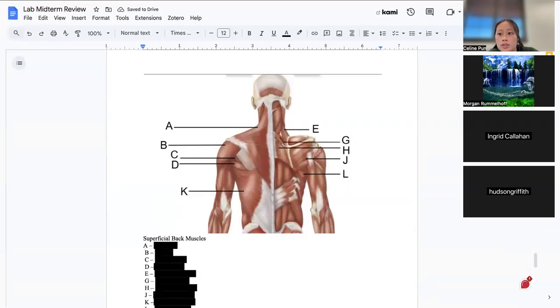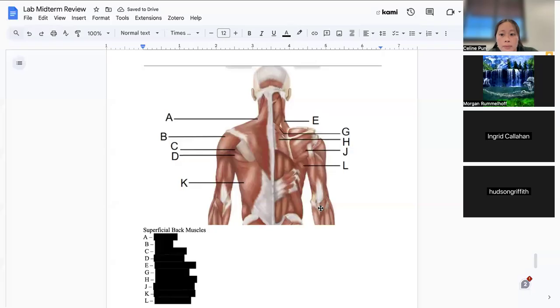Okay, moving on. These are your back muscles. We're finally on muscles. I only took a few diagrams from throughout the entire lectures. So, what is A? If you go to the gym a lot, you should know what this muscle is. Trapezius.